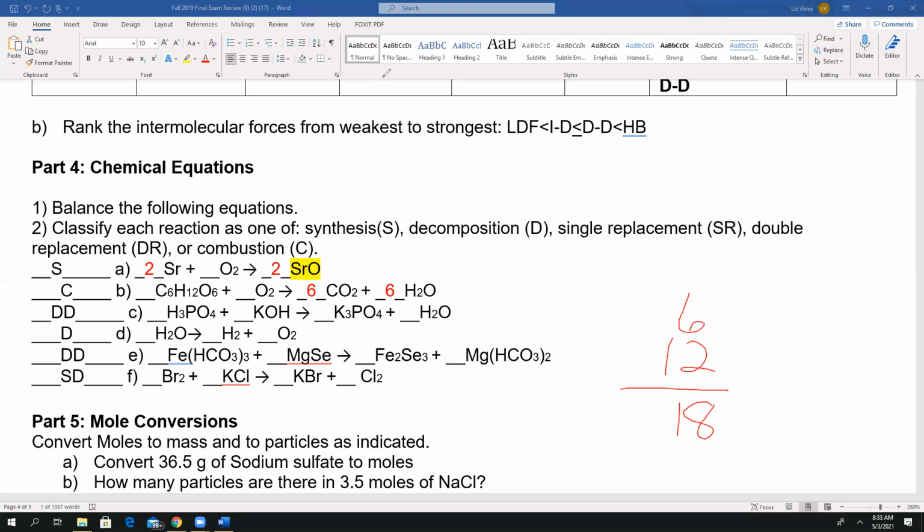Which means we need how many oxygens? Well, we have 18, we have 6 already here. So we need to subtract those 6 to figure out what goes here. And that gives me 12, no? So there's another 6 that needs to go there. Okay, so let's put the 6 in there. And that's where that goes.